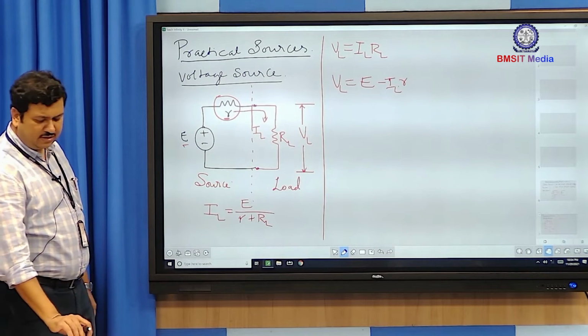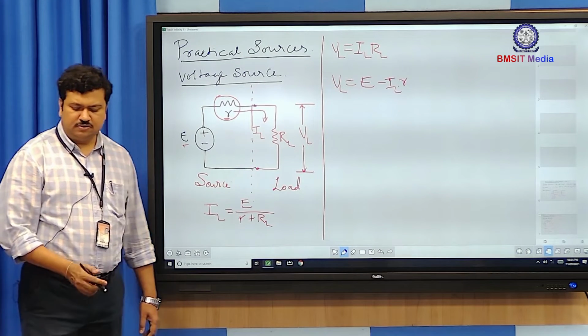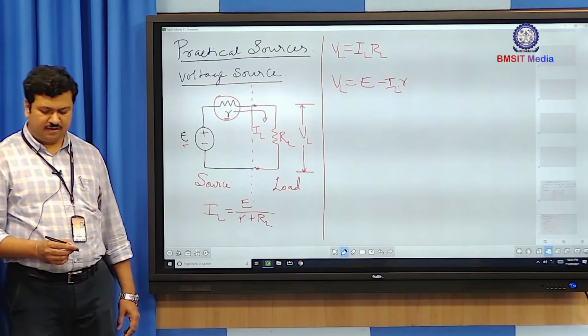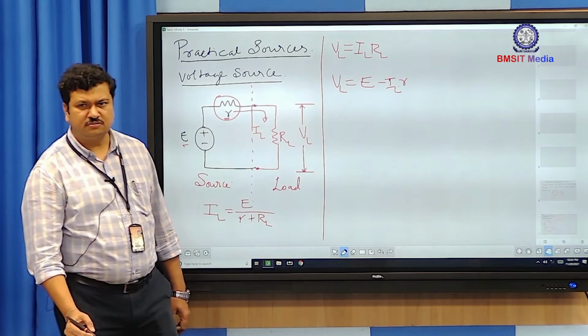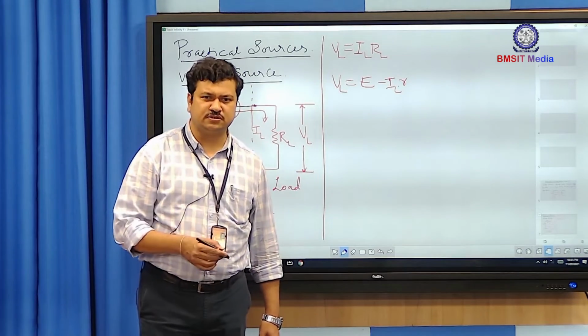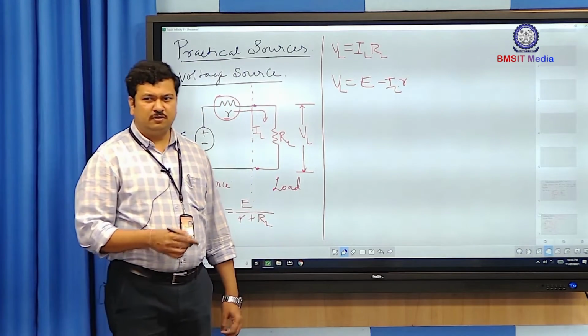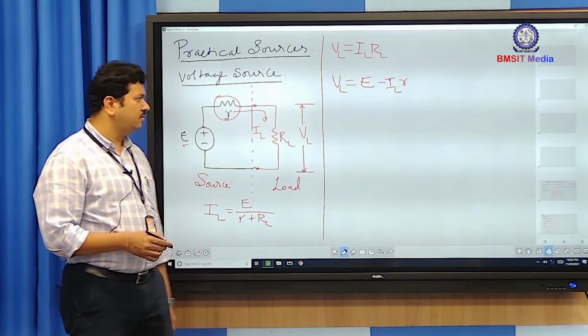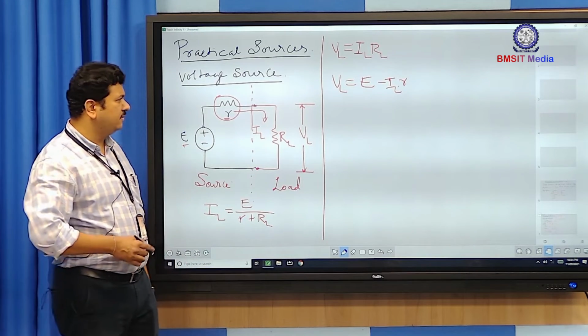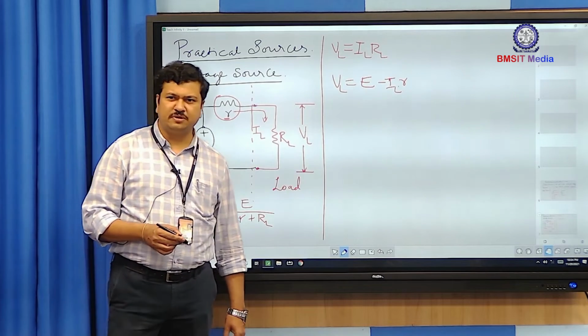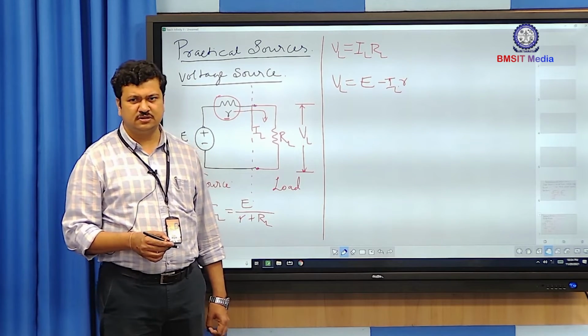Now, how do I represent the ideal current source? Basically, the current source is realized using a voltage source. In practice, it is difficult to realize a current source alone. The current sources we get are basically realized from the voltage source.